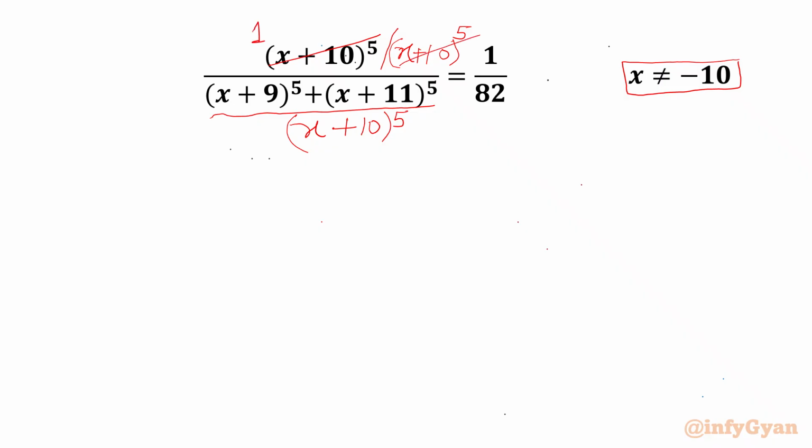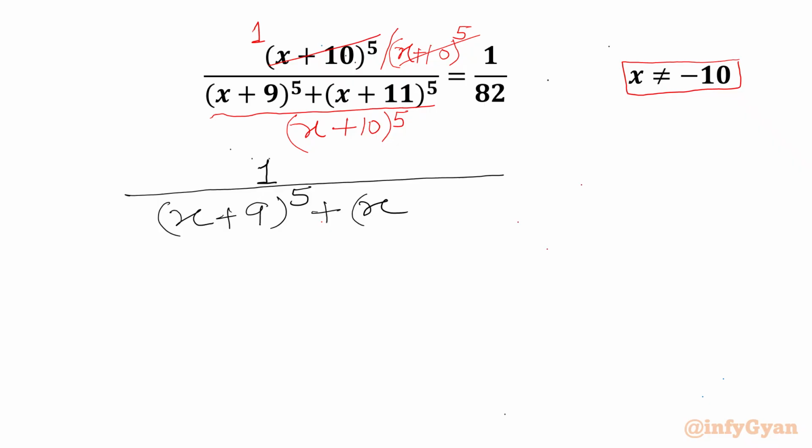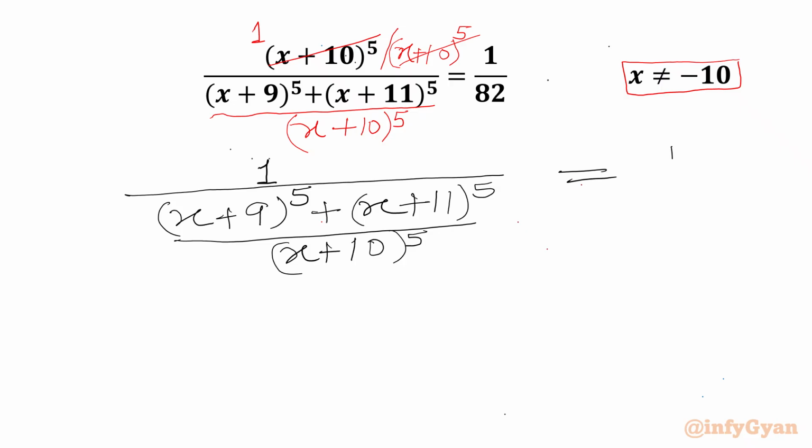So I can write our equation as 1 over (x+9)^5 + (x+11)^5 over (x+10)^5. RHS is 1 over 82.